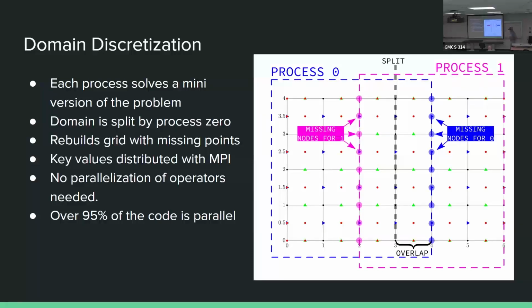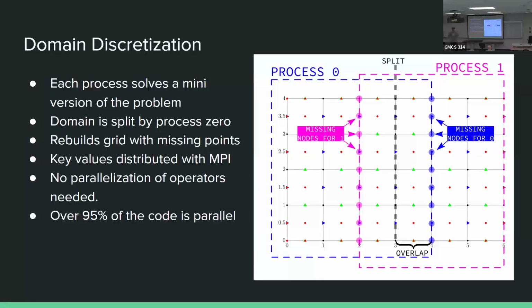So it needed to be parallelized. I use domain decomposition, where you take your grid and cut it into pieces, and each node processes the grid on its own, which is super handy with mimetic operators. It lets me parallelize most of the code, like 95% of it, so it runs really fast and is really efficient.